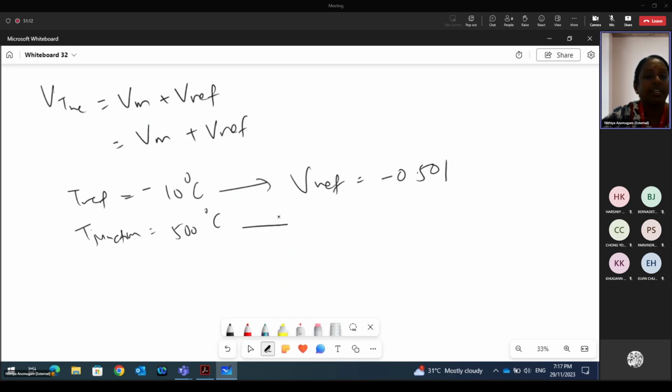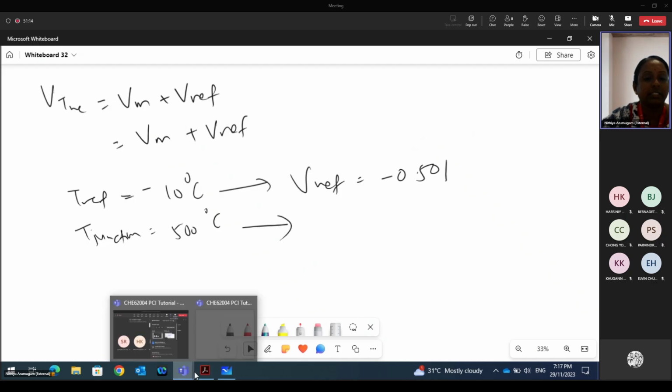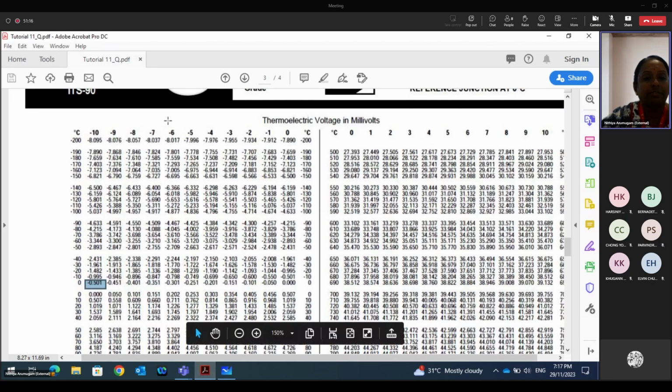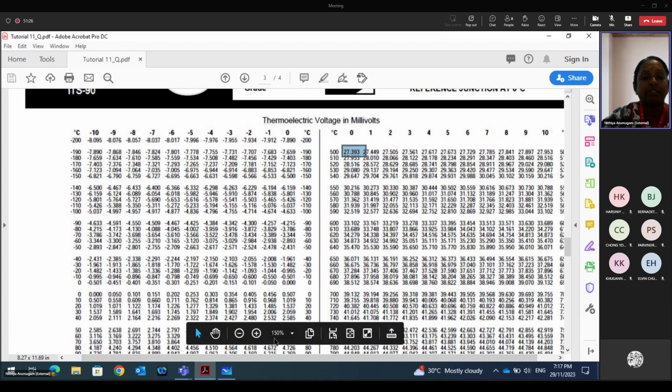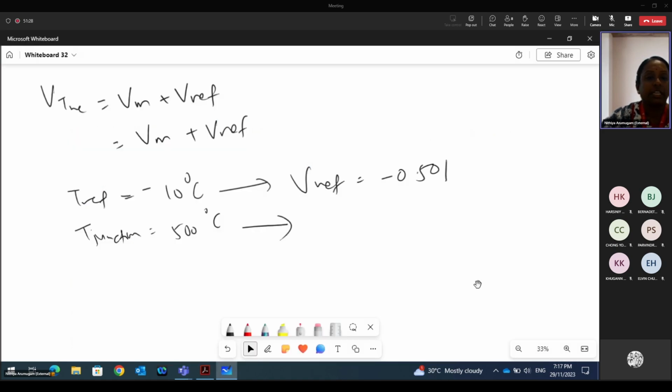At 500 degrees Celsius, the milliwatt will be 27.393, so the V true will be 27.393.